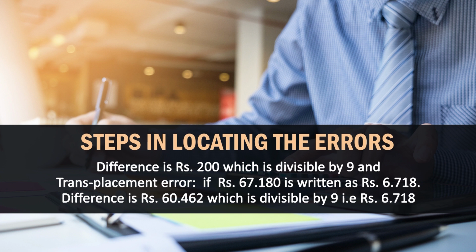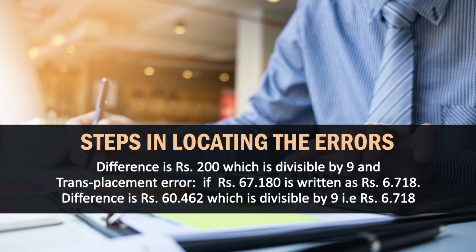67.180 is written as 6.718, the difference is rupees 60.46 which is divisible by 9, that is rupees 6.718. So, here friends, you might be well aware that this figure is basically completely divisible by 9.